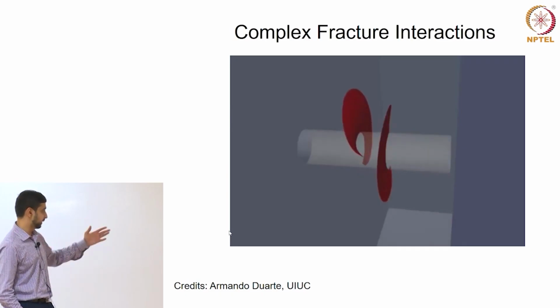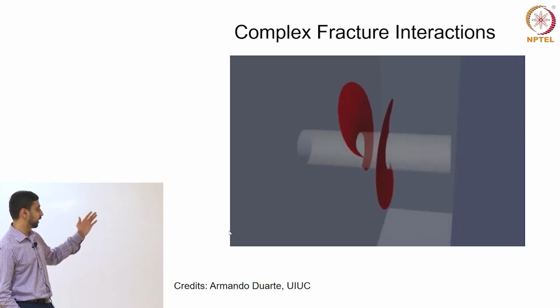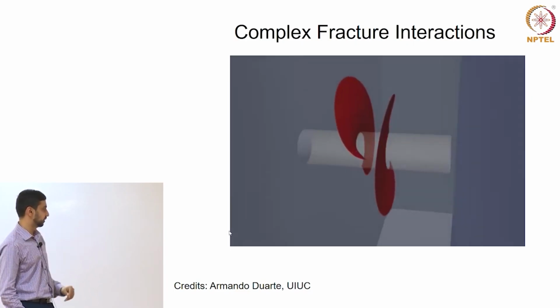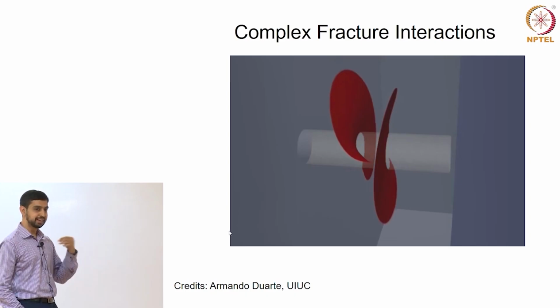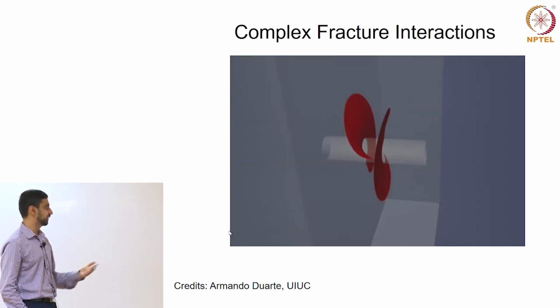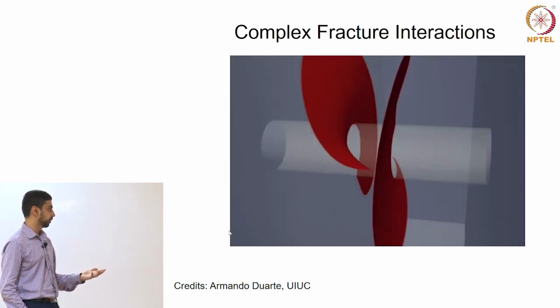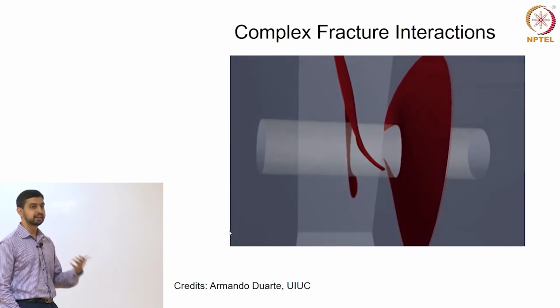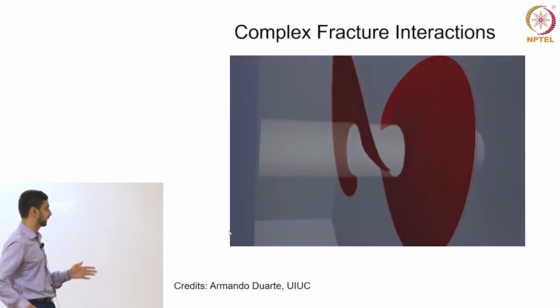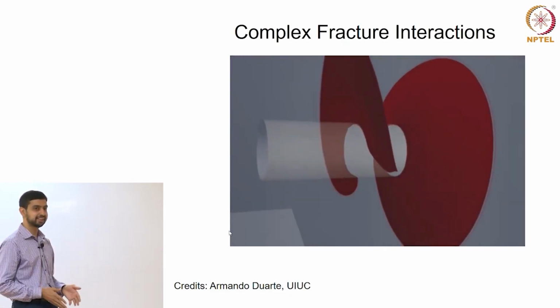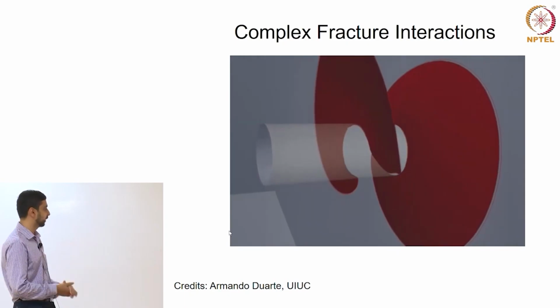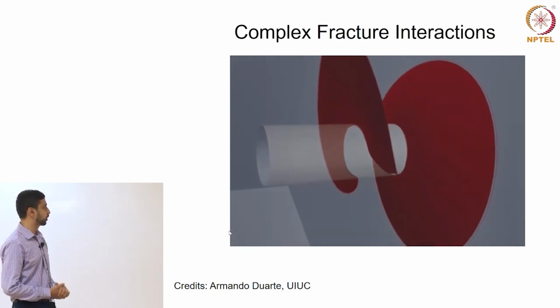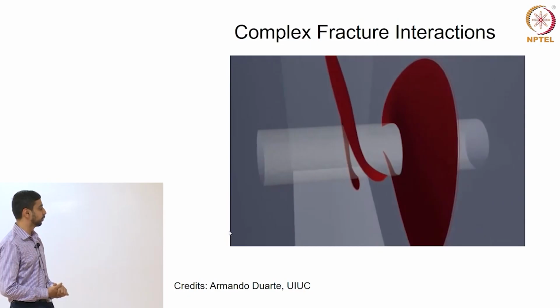And what you do notice is that as one fracture interacts with the other, you have a fully three-dimensional shape of the fracture that is not necessarily obvious to us in a mental picture, right? We would think that the fractures are probably growing straight because they have been initiated at the same location. But you have a tortuosity there in the near wellbore region.